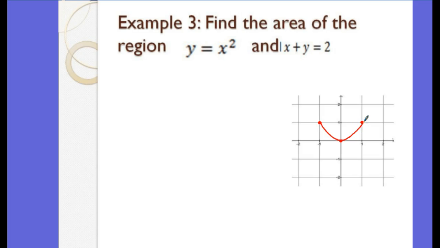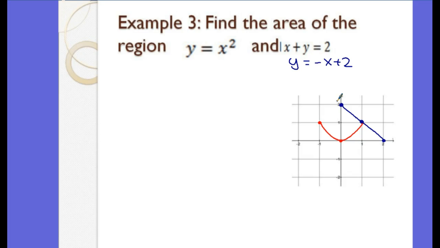So what could we do to the other one to graph it the way we like to graph? Okay, so y-intercept of 2, slope of negative 1.